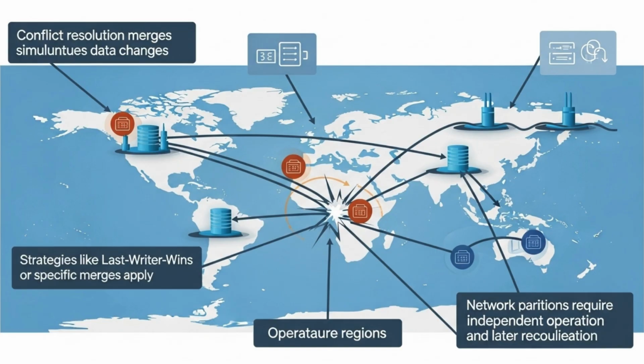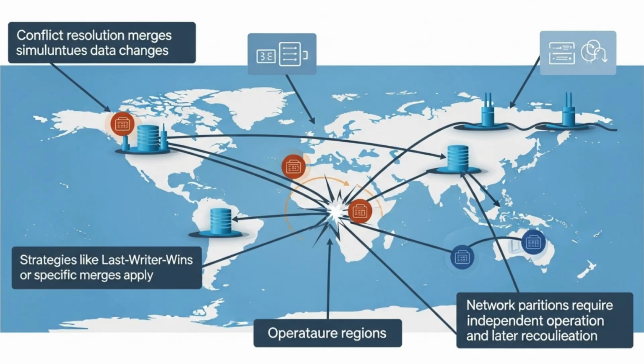They're logical clocks that help us understand the happened-before relationship between operations, even across different regions. Based on this causality, we employ various strategies like last writer wins for simple cases, such as a profile update, or more complex merge strategies for intricate data like follower lists. It's about defining rules for how conflicting updates should be combined.